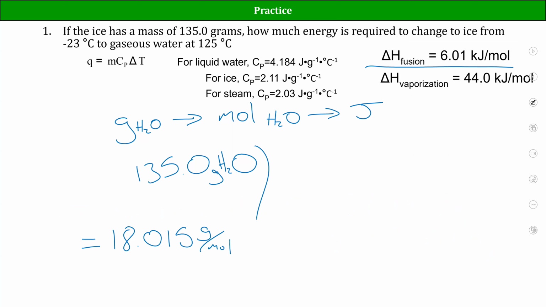So if we have 135.0 grams of water, every 18.015 grams of water is 1 mole.